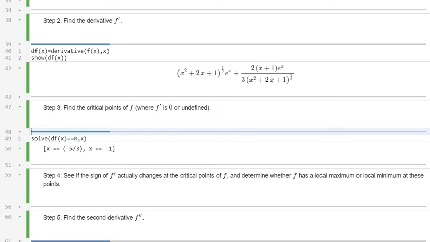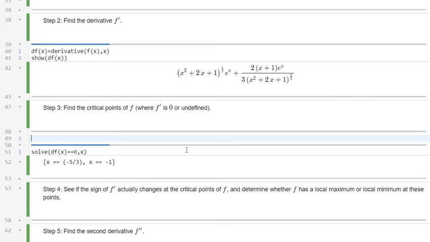So if x squared plus 2x plus 1 is equal to 0, then we get division by 0 right here. And there is one solution to that. X squared plus 2x plus 1 is equal to x plus 1 squared. So x equals -1 would give us division by 0 here. And so we have one place where the derivative is not defined.